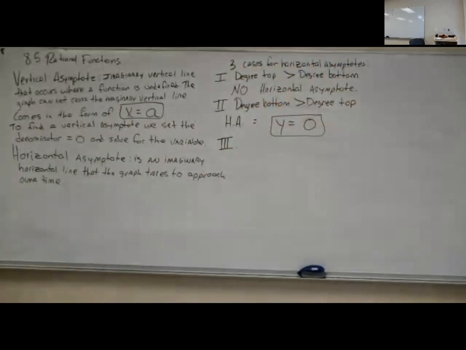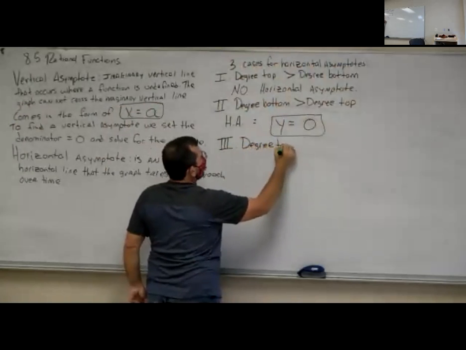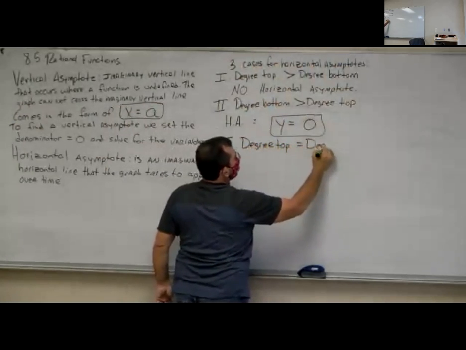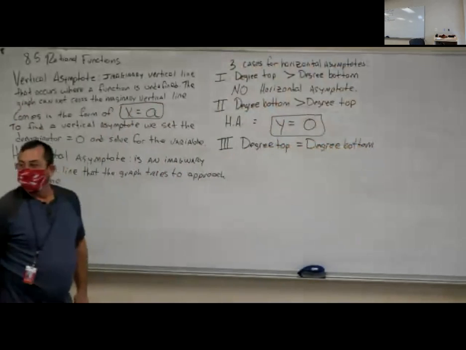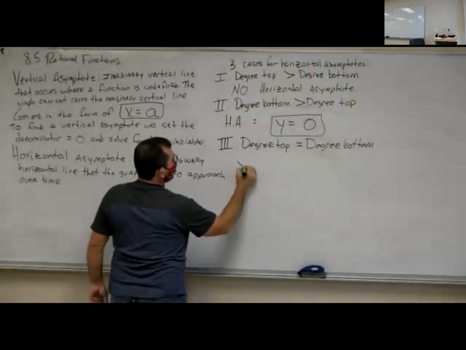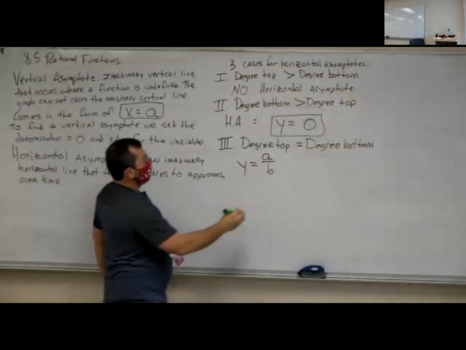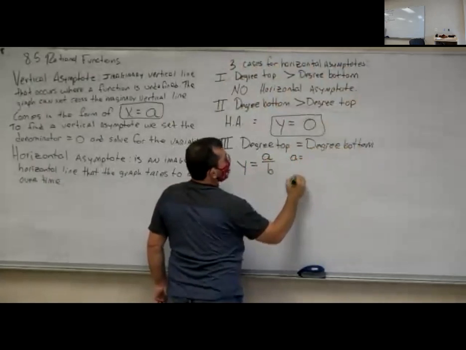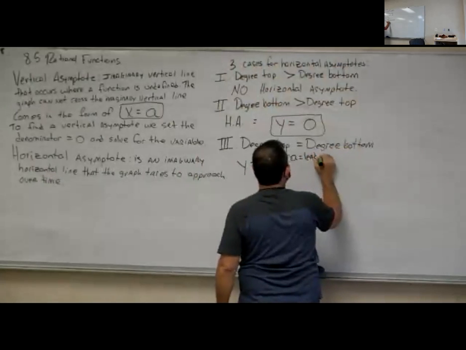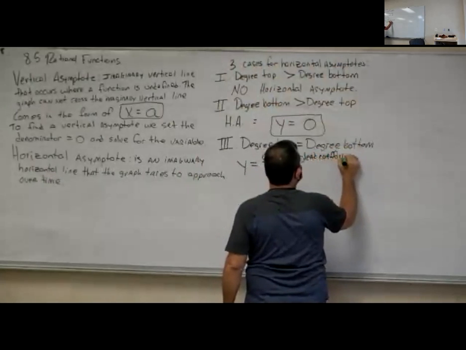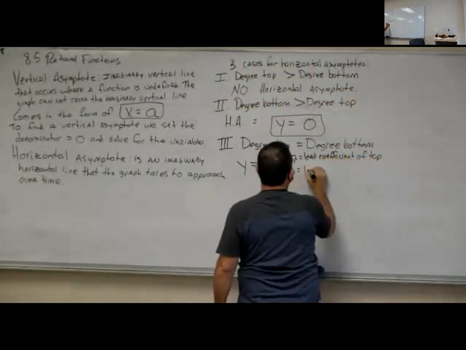So what if they're equal? So the degree of the top equals the degree of the bottom. Then your asymptote will be y equals a over b, where a equals the lead coefficient of the top and b would be the lead coefficient of the bottom.